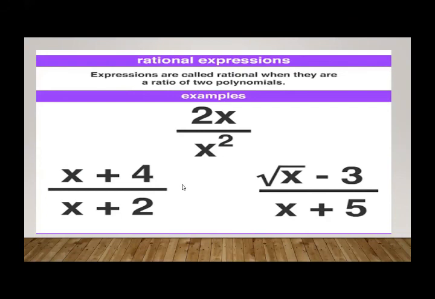That is the example of rational expression because they are consisting of one term. In the second, x plus 4 divided by x plus 2, each one consisting of two terms, or binomial. They are binomial. Then the last one is root x minus 3 upon x plus 5. Again, we have the example of binomial.